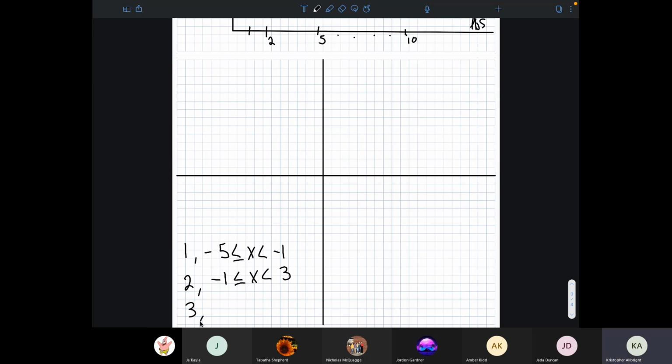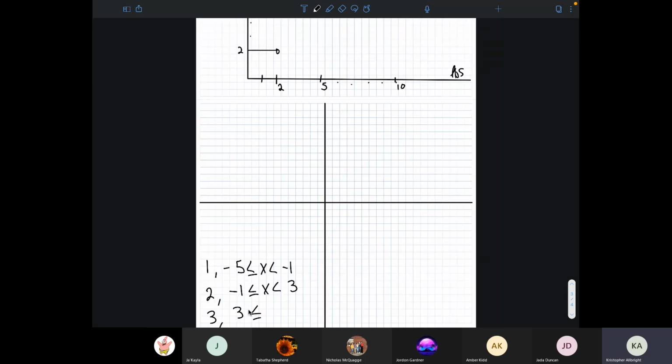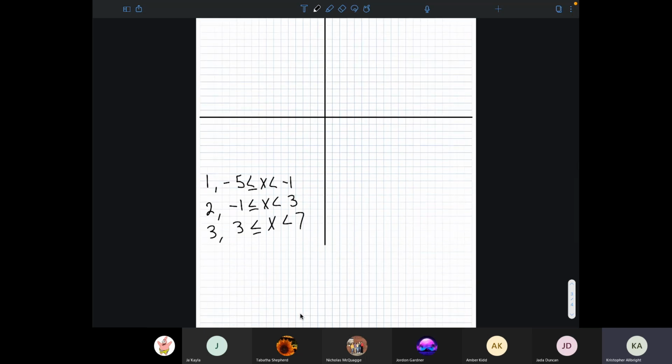And 3 if 3 is less than or equal to x is less than 7. So something that you should notice about these down here is that they kind of butt up against one another. So we have -1 is the ending point on this first one, and it's the starting point on the second one. 3 is the ending point, 3 is the starting point. So it's a continuous piece of the graph. We're just doing things at different sections of it.